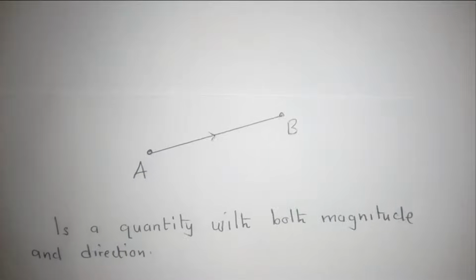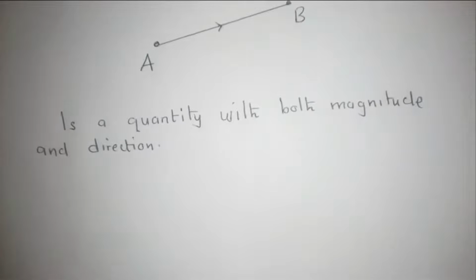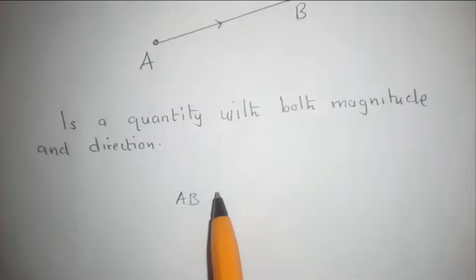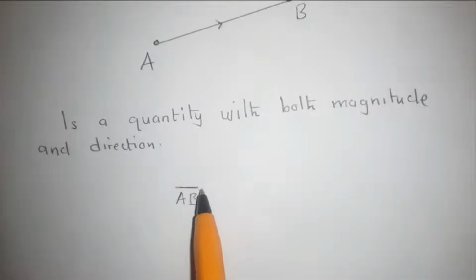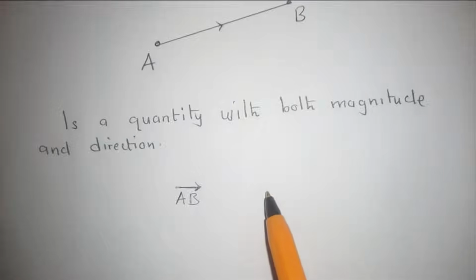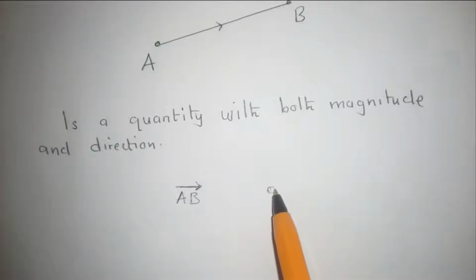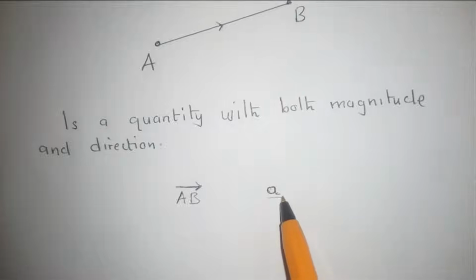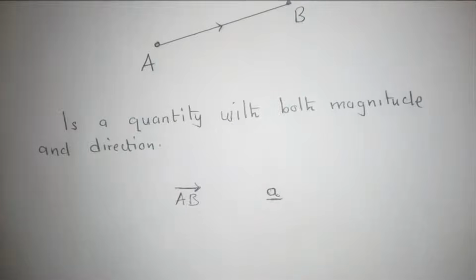So this vector can be said it's a vector AB, and it's being denoted by an arrow on top here. So this is how you get to know that I'm dealing with a vector when you see an arrow on top. Okay. In other ways, vectors may be denoted with a letter, maybe small letter a, and a bar down here. So you know that this is a vector.